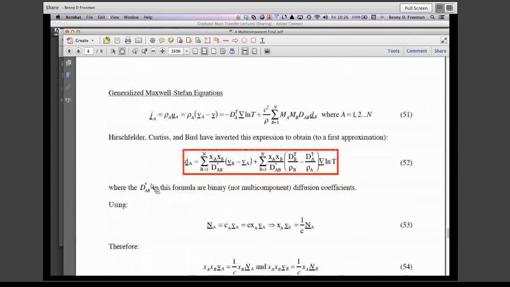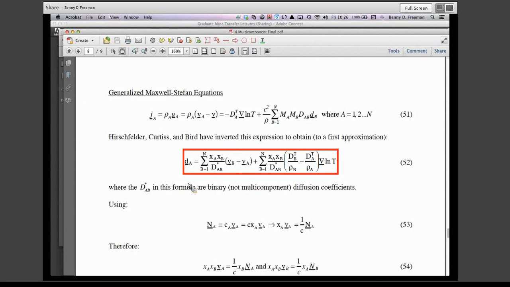And Hirschfelder, Curtiss, and Bird have done this. And when you do so, you get an expression relating the generalized driving force to a term that basically includes these J sub A's, now written in terms of the velocities of the components, V_B and V_A, and a term that also includes gradients in temperature for thermally driven diffusion.